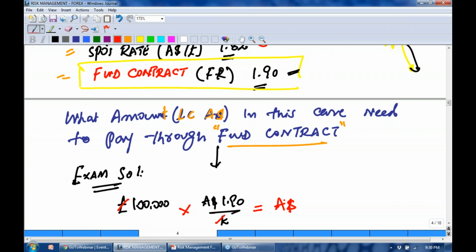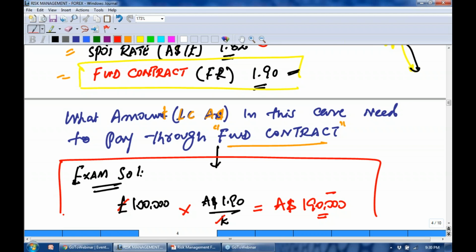That is 1.9 into 100,000, which is Australian dollars 1,90,000. That is the exam solution. If the examiner asks what amount we have to pay, you will say 1,90,000. Nothing else.